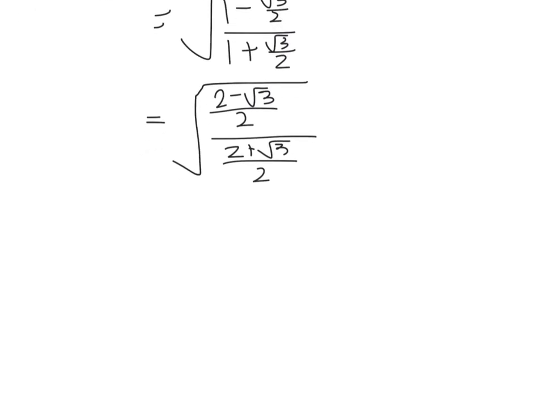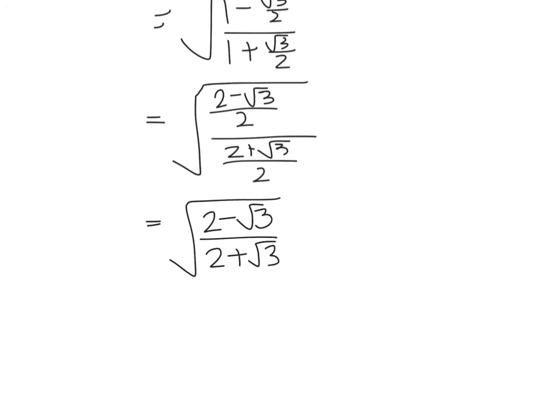Now we are dividing two fractions with the same denominator, so those will cancel and we'll be left with the square root of 2 minus radical 3 over 2 plus radical 3. And this does not simplify any further, so this would be our final answer.